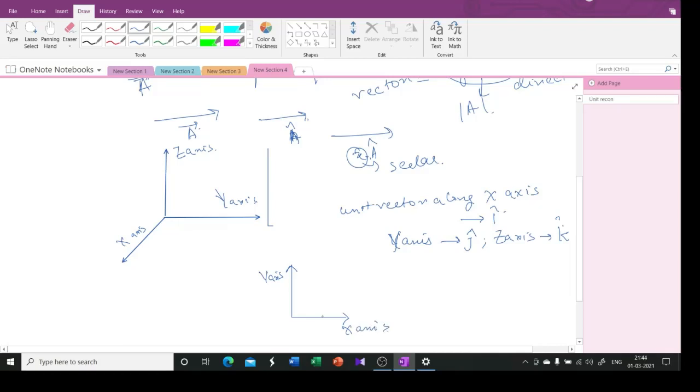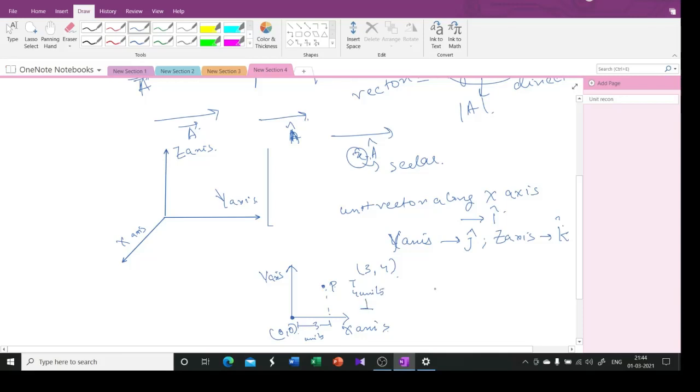This is the origin. Suppose there's a point P here, which has the coordinates 3 comma 4. So this length is 3 units and this length is 4 units.